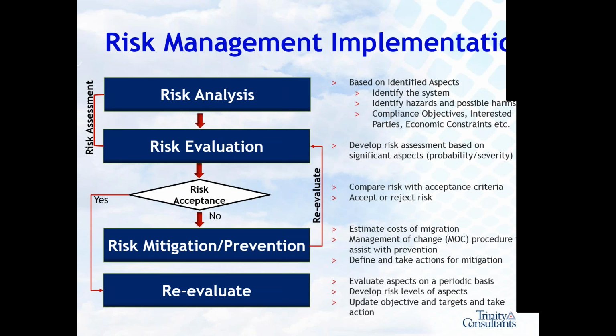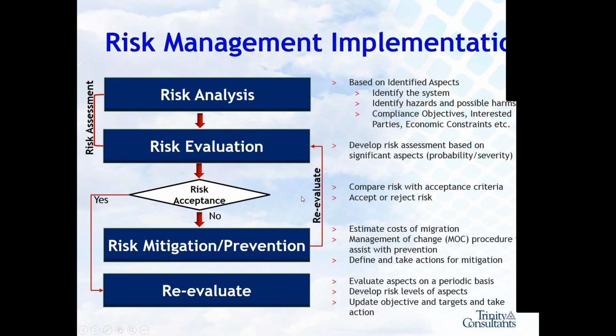So kind of in summary, where we've gone so far and where I'd like to take you with risk is, we've talked about risk analysis and prioritizing things. We talked about risk evaluation. We didn't get real deep, but we talked about the benefits of it and maybe some of the approaches that you might consider. What I'd like to do is move on to risk mitigation and prevention.